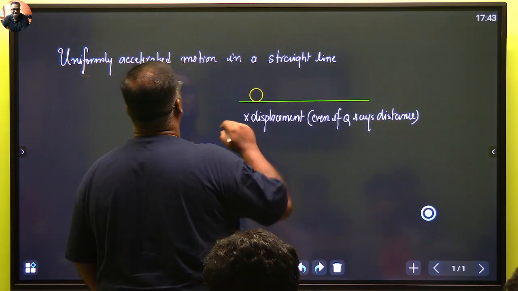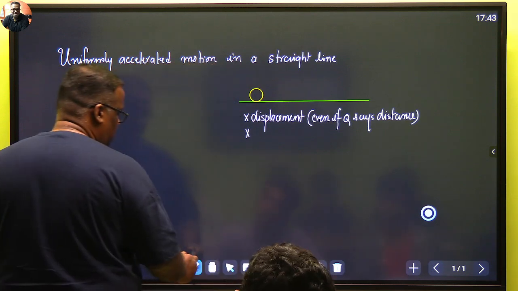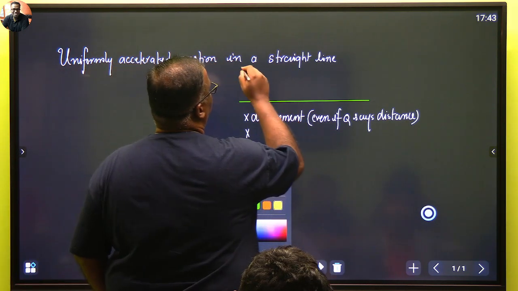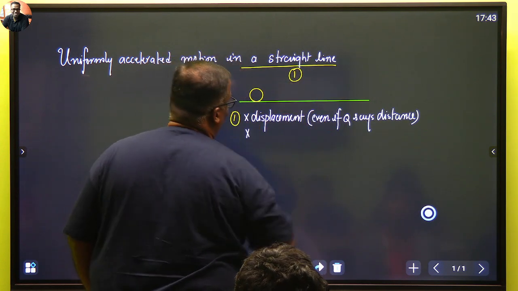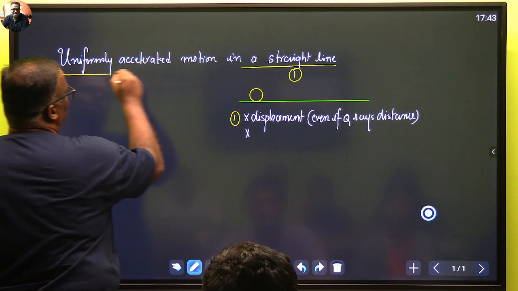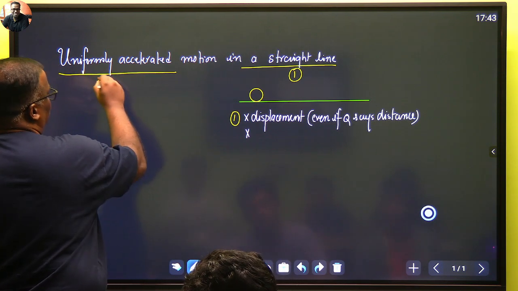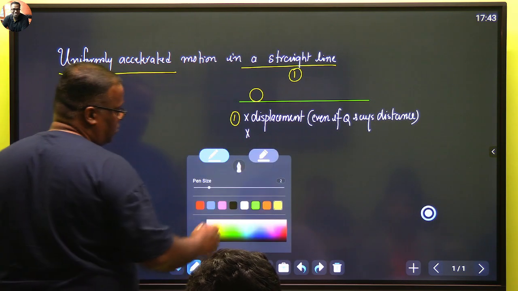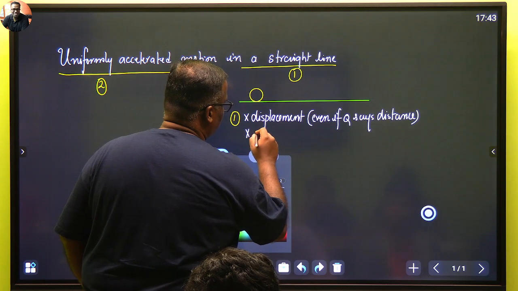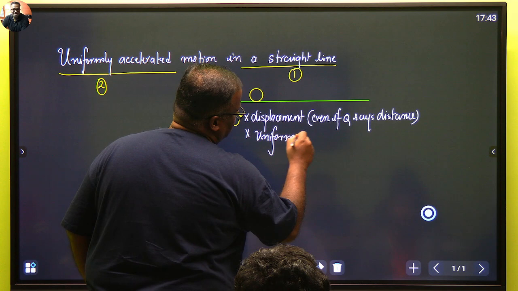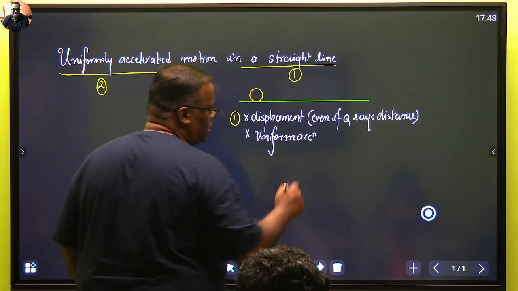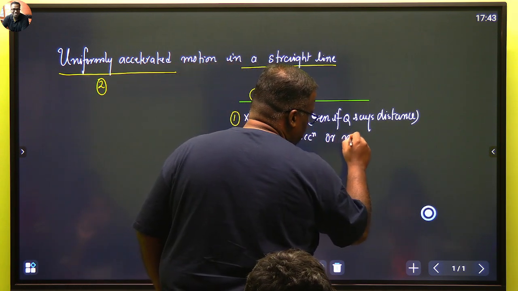Then the next part: where did we get this from? This we got to know from this part. This is straight line, number one, from there we decoded this. Number two, it says uniformly accelerated. That means in this chapter, whatever motion we are going to get, we are going to have motions which will have uniform acceleration. Uniform acceleration or no acceleration.